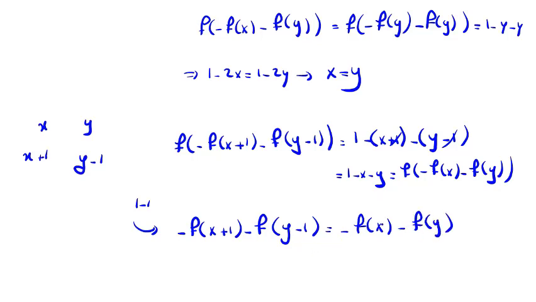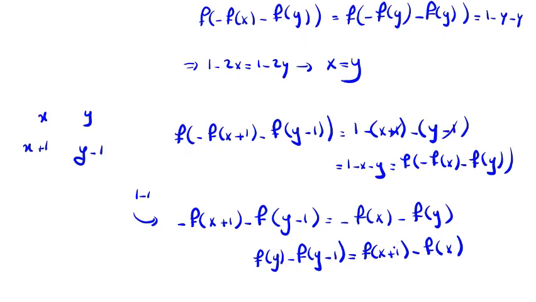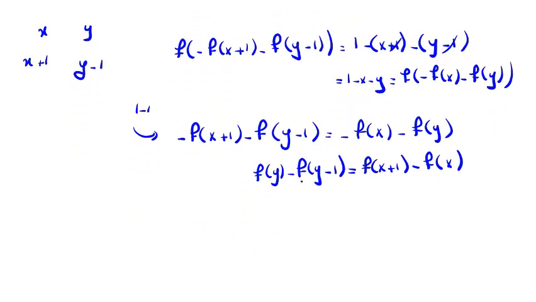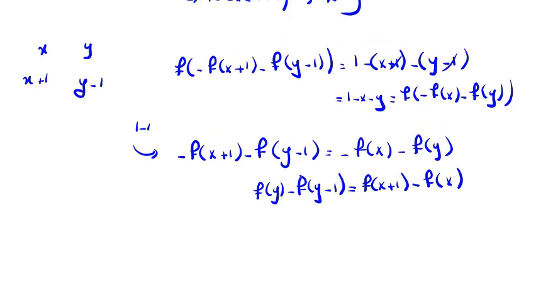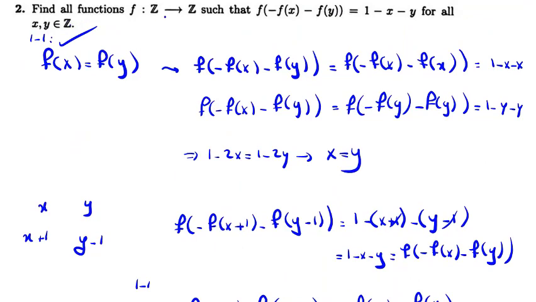If we take negative f of y to the left-hand side and this to the right-hand side, f of y minus f of y minus 1 equals f of x plus 1 minus f of x. So we understand that the difference of two consecutive values of f, at consecutive integers, is constant, and we know f is from Z to Z.